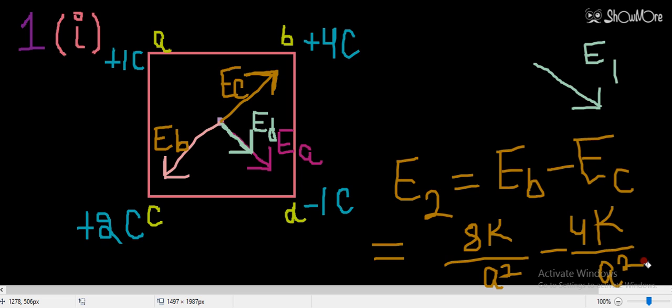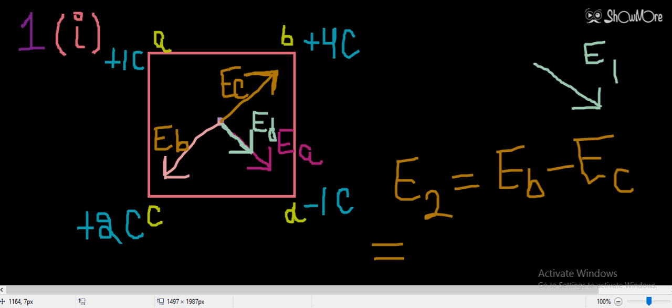So this is 8k by a square minus 4k by a square. When you solve it, you will get E2 equal to 4k by a square. I hope you can understand this thing.